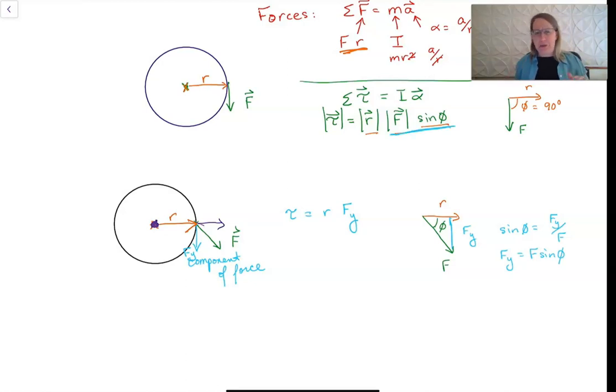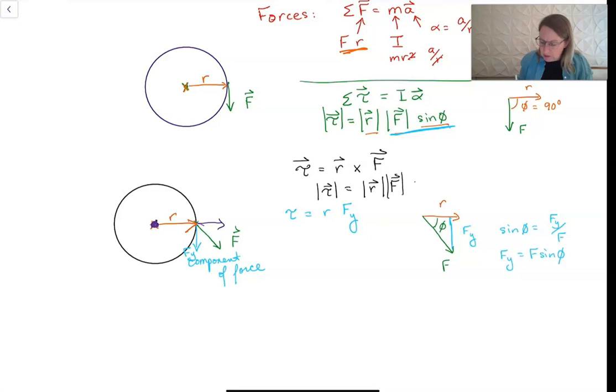Now that's the magnitude of the torque. This should look familiar. This should look like something we've already defined before, and that is that we could say our torque is equal to R cross F, because the magnitude of our cross product is just R times F times the sine of the angle between them.